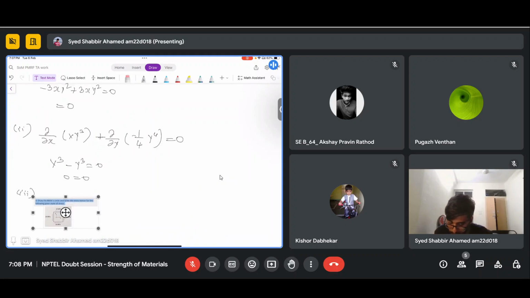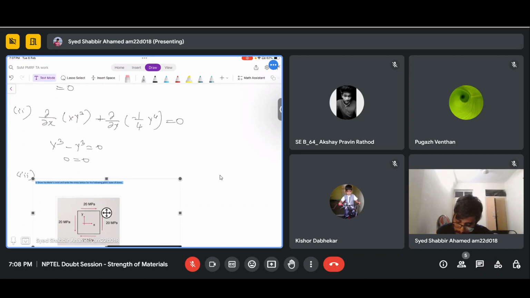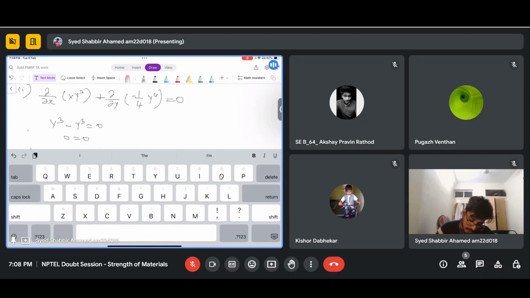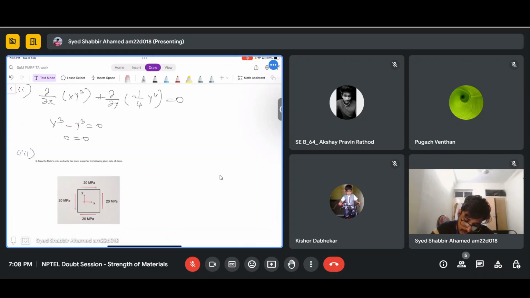Also in the GATE examination, there is a very high chance of getting questions based on Mohr circle, because GATE is an aptitude exam.